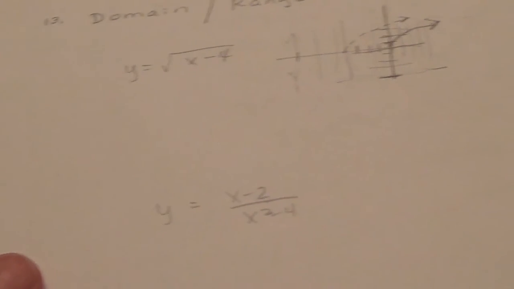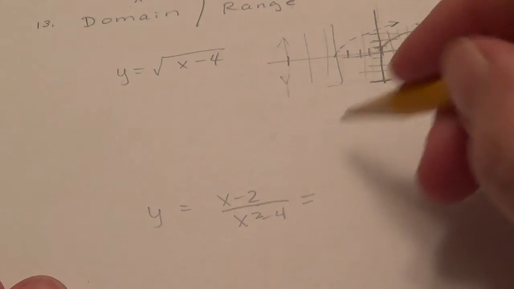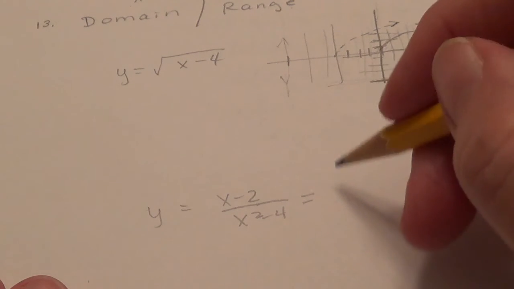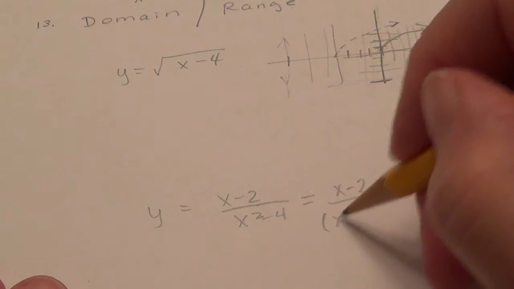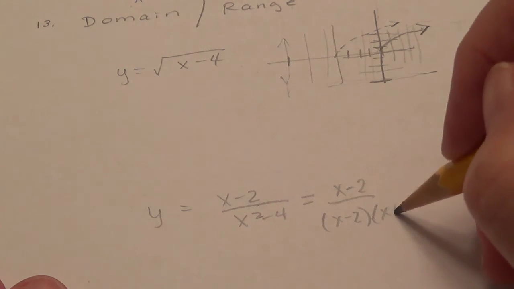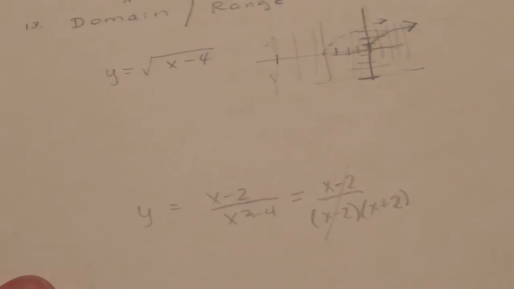On the next one, it'd be helpful to remember how we graphed this. We did graph these rational expressions. So I'll show you that real quickly, but you may look at it on your calculator. I factor the bottom. I see that this cancels.